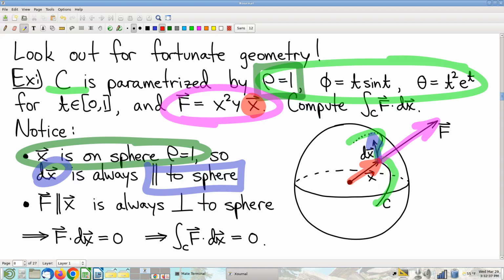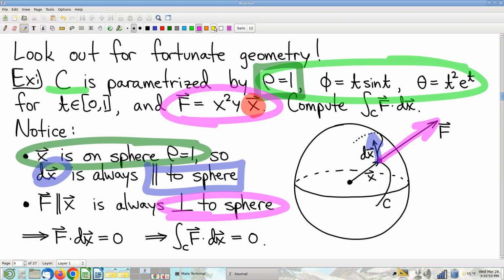Just a geometric observation from the picture. Gotta love spheres. So what that means is that my vector field is perpendicular to the sphere.